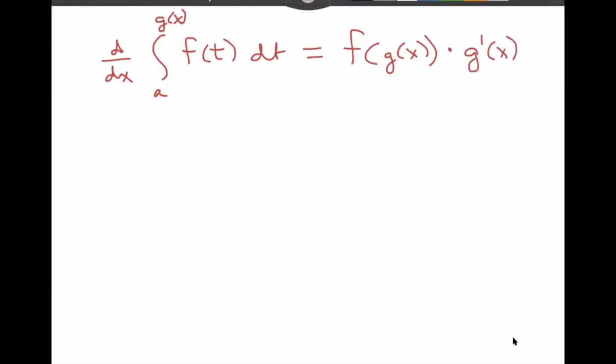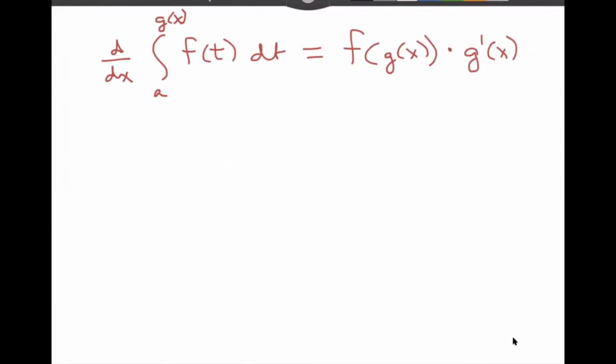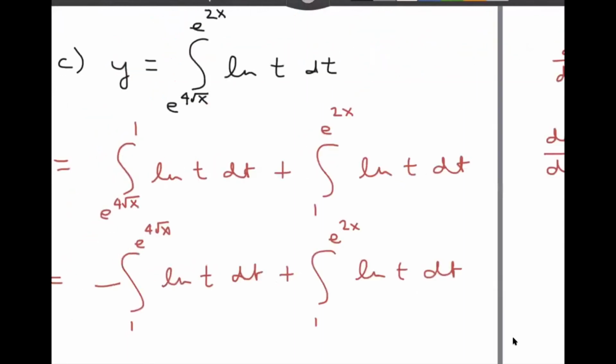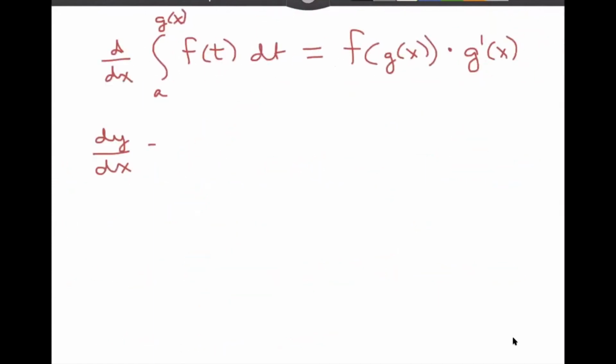All right, so back to the one we were looking at. It's right there. I'm probably going to have to flip back to this a couple of times. dy/dx for the function that we're working with. Okay, so first we'll take this term here. So that's going to be negative natural log of e to the 4 square root of x, and then I have to multiply by the derivative of e to the 4 square root of x.